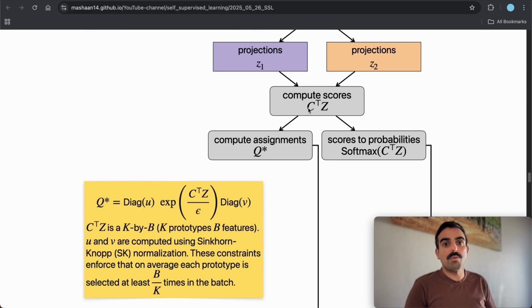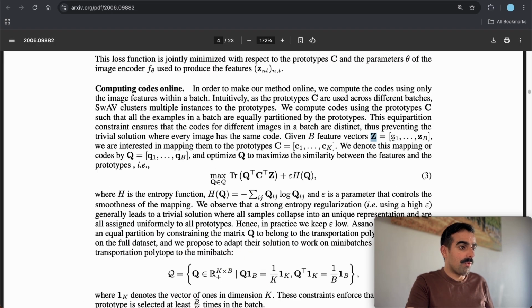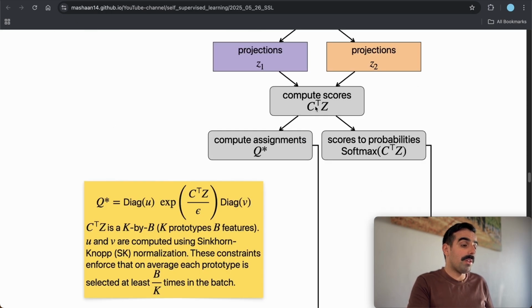C is the matrix for the prototypes, and it goes from C1 all the way to CK, where K is the number of prototypes. We multiply these together to get the raw scores of the assignments.